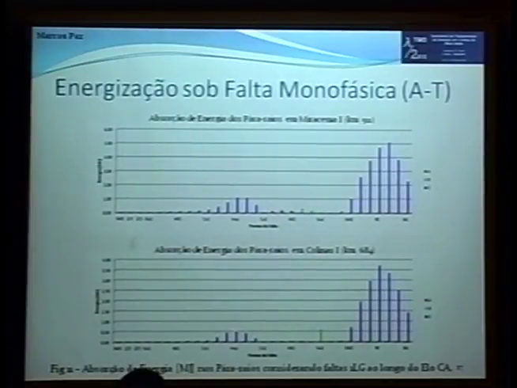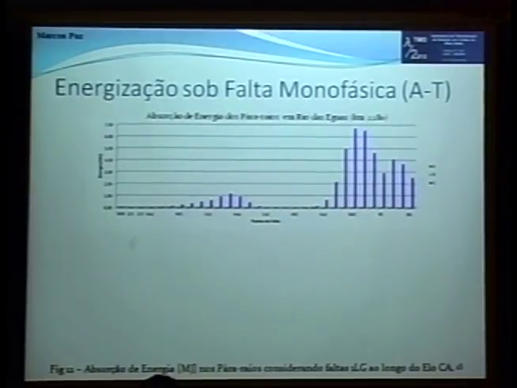So for the faults near Imperatriz 1, the surge arrester had some work, and a larger amount of work for the faults applied from Serra da Mesa on, following a similar behavior to the surge arresters located in Miracema 1. These are substations which are very close to each other. So we can see a critical region being formed for a single phase fault near the end of the line.